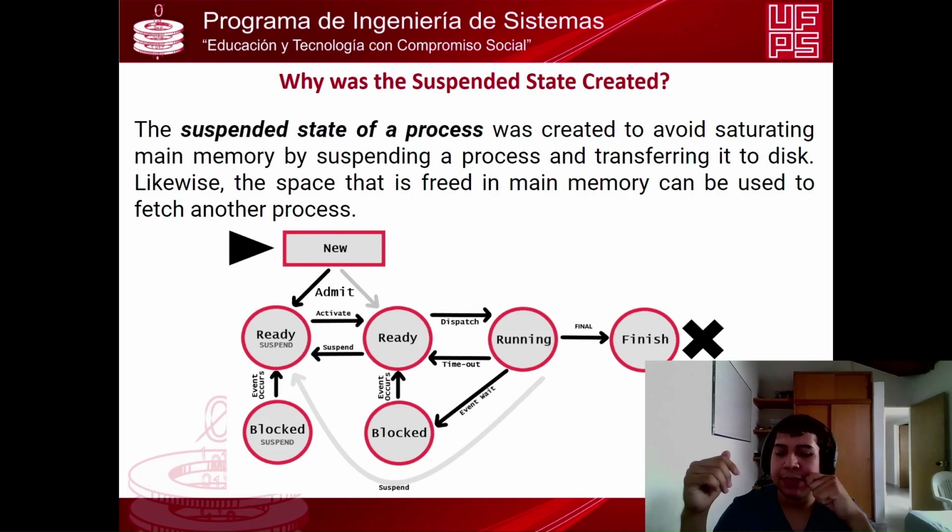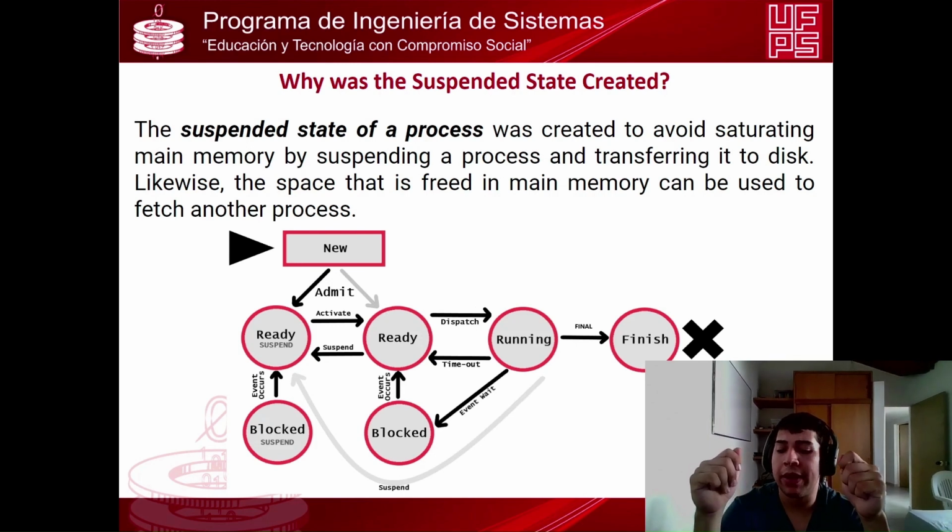The speed difference between the processor and the input/output is such that it will be very common for the processes in memory to be waiting for these operations. Therefore, even in a multi-programmed system, the processor may be idle most of the time.